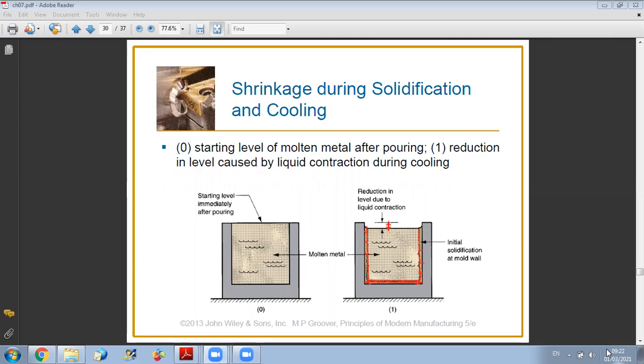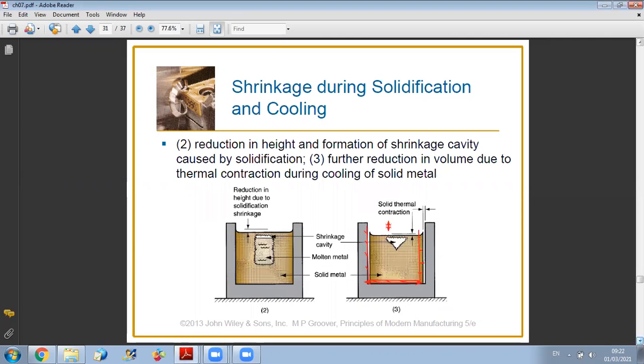Now, as we said, during shrinkage we have a reduction in height and formation of a shrinkage cavity caused by solidification. So in order to avoid this cavity, what is the solution?